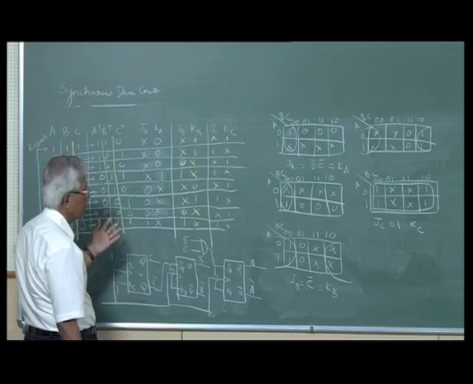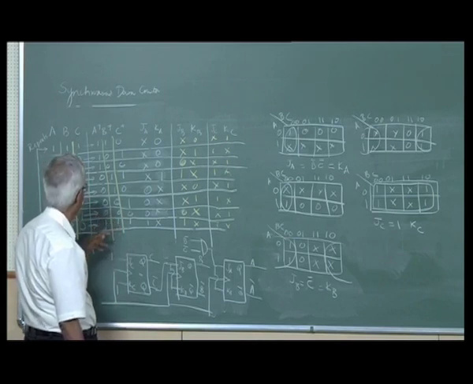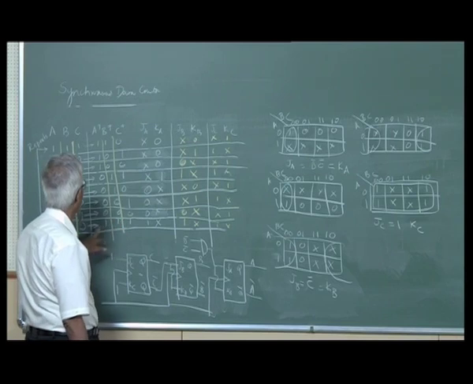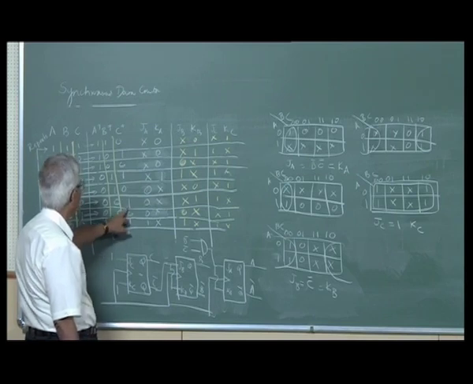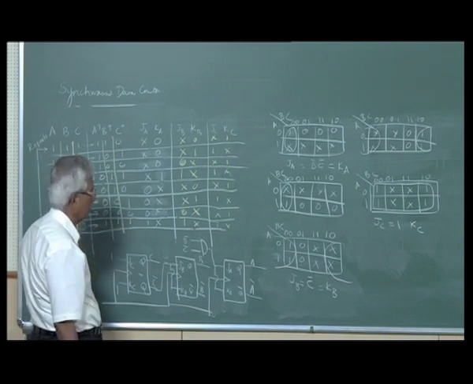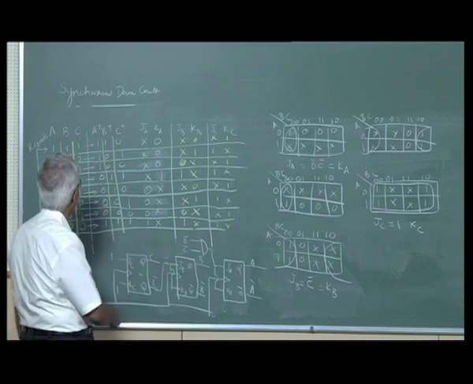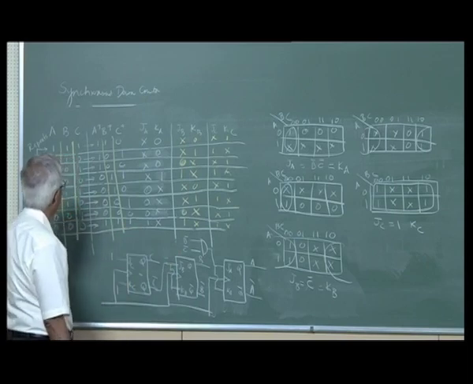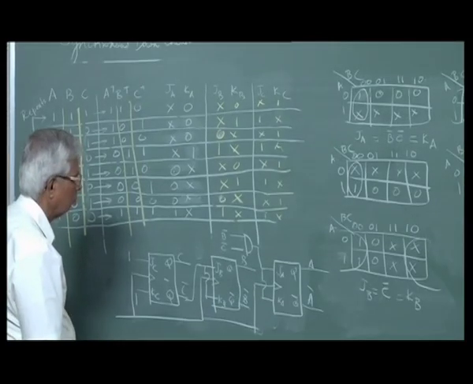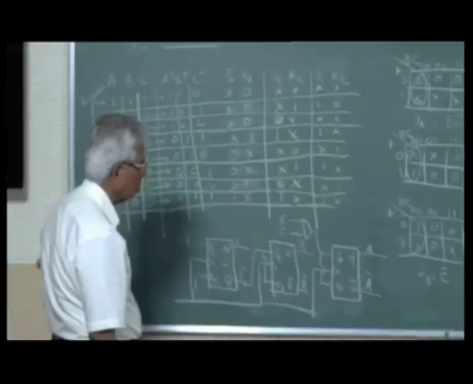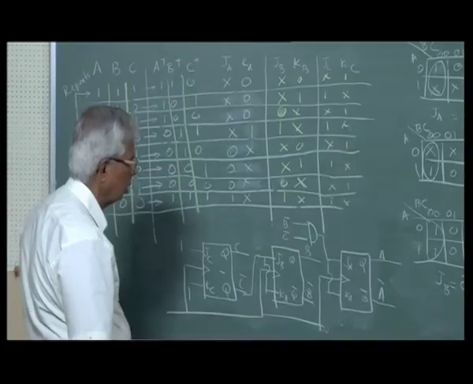Both are the same. How come? 1 0 1 0 1 0 1 0 1 0 1 0 1 0. There is also C plus, C bar.